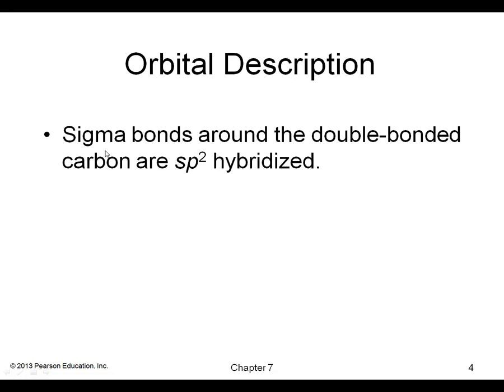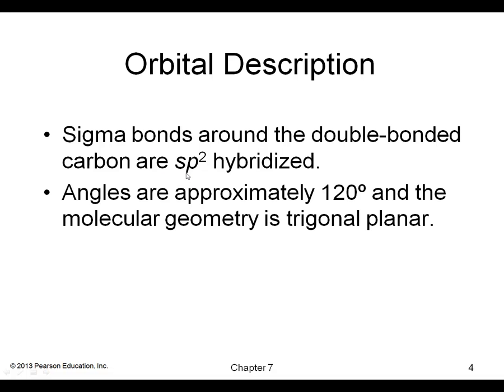Okay, so the sigma bond, which was the internal part of the double bond, is around the double bonded carbon made up of sp2s overlapping. The bond angles are 120 and the geometry is trigonal planar.